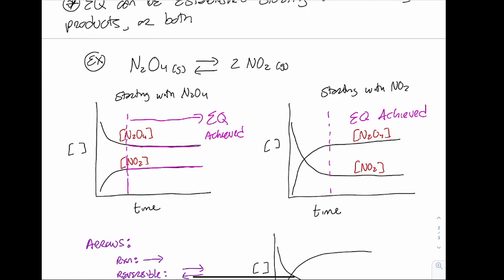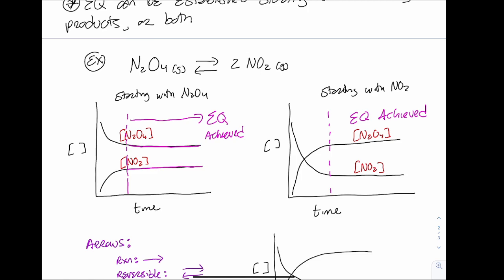Do note that my rates are different for N2O4 and NO2, right? We learned in chapter 12 that those coefficients have an effect on my rate. For every one of these, I have to form two of those, right? If we were to write our rate expression, it would be the change in concentration of N2O4 over the change in time, and I would have a negative sign if we're starting with that one, being equal to the change in the concentration of NO2 over 2 times the change in time, right?